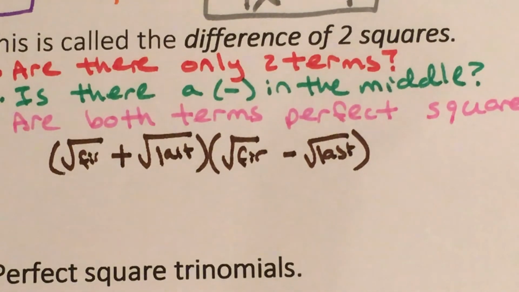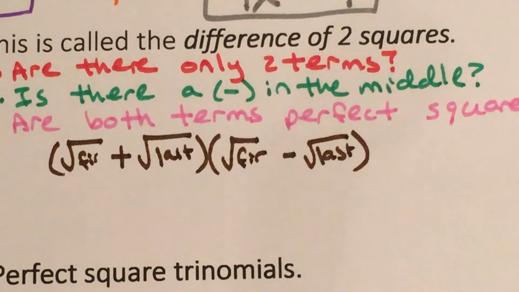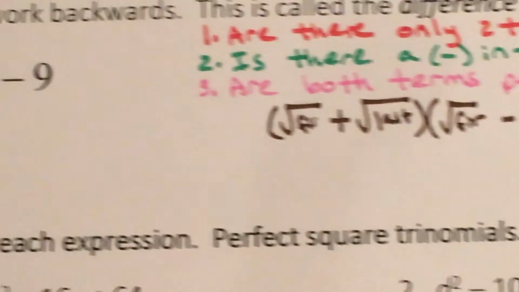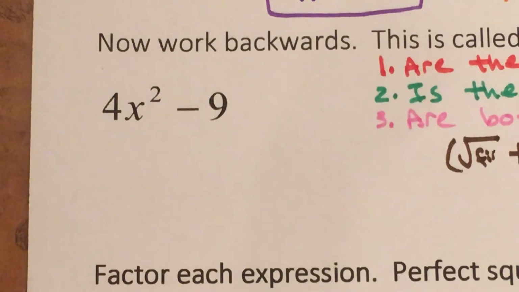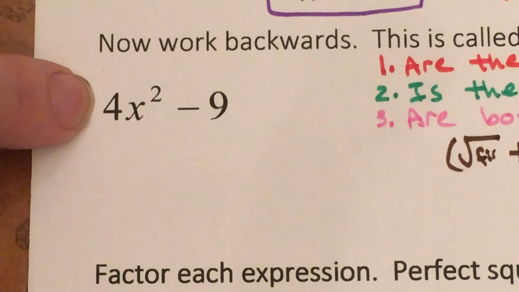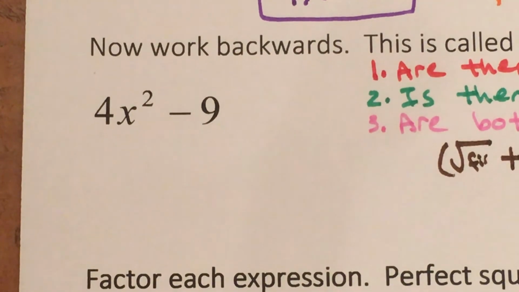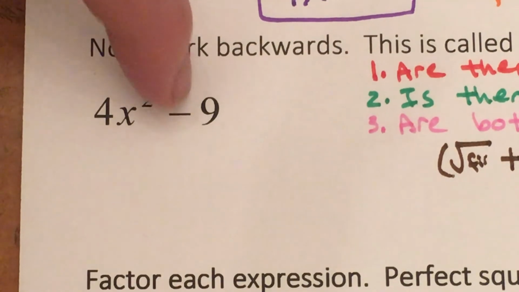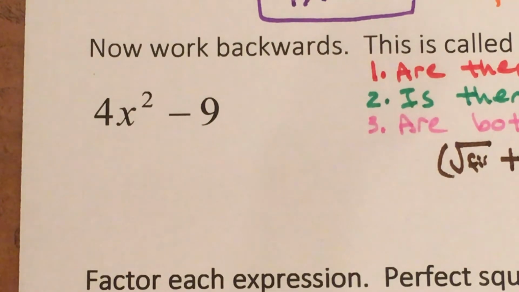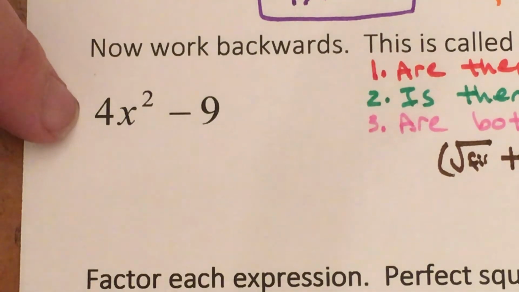So let's apply it really fast, super easy. Asking the questions. Hey, are there just two terms? Yep, 1, 2. Is there a minus in the middle? Yep, right there. Are both of the terms perfect squares?